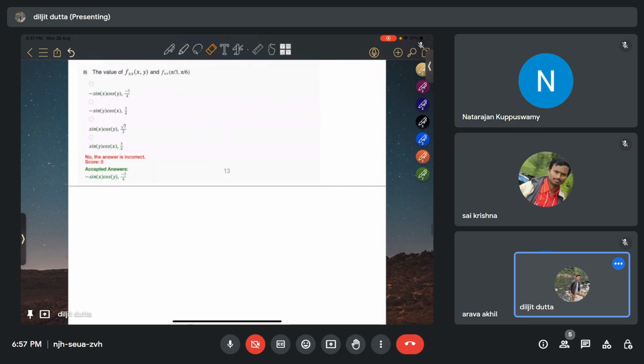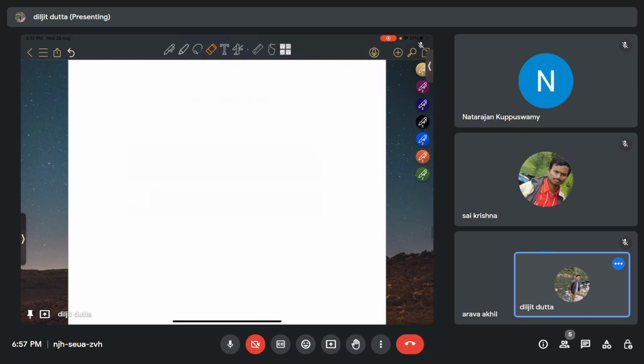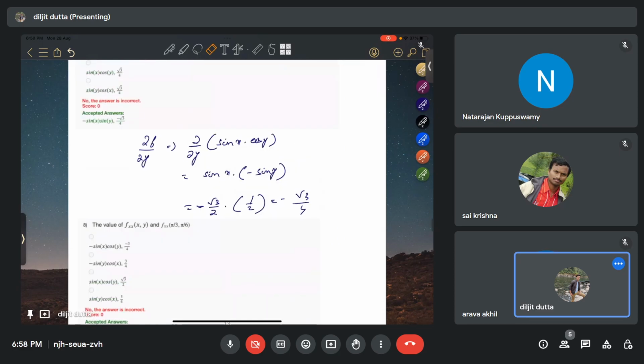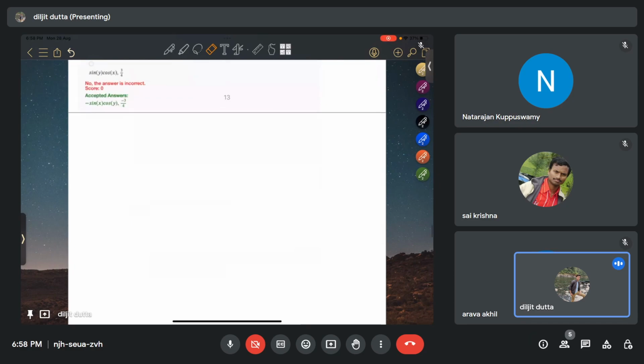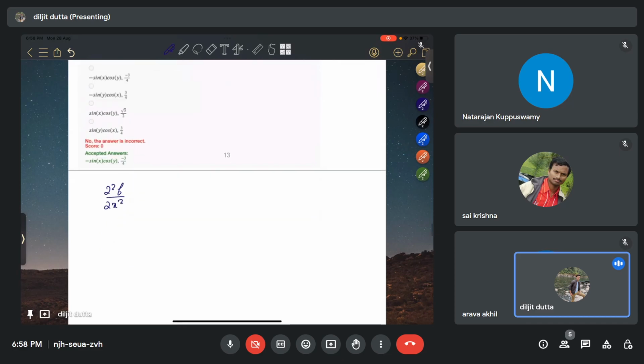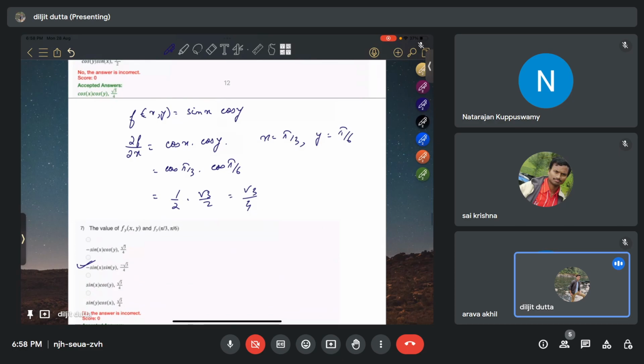Now the value of f xx of xy at pi by 3 and pi by 6. So now we have to find the double derivative, that is del square f by del x square, which is del by del x into del f by del x. We got del f by del x as cos x into cos y.